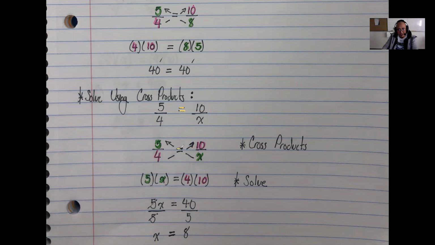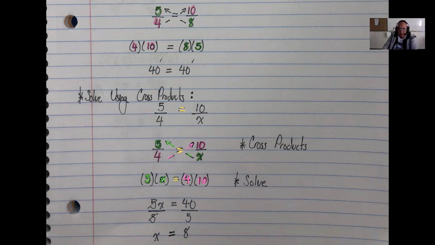Meaning, again, if these two are equal, then 5 times x, which is what I have right here, has to be equal to 4 times 10, which I have down here.